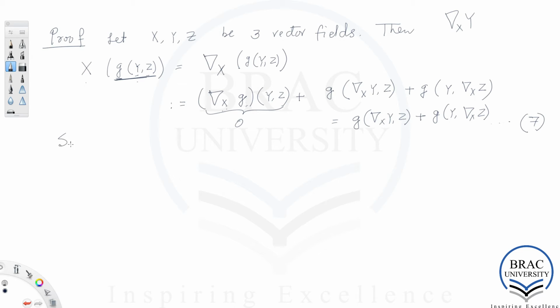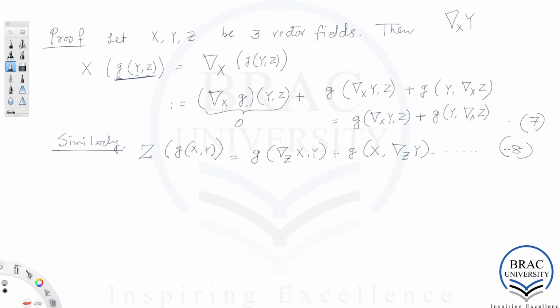Similarly, exactly repeating the same thing, we show that z(g(x, y)) is going to be equal to g(nabla_z x, y) plus g(x, nabla_z y). This is our equation number 8.